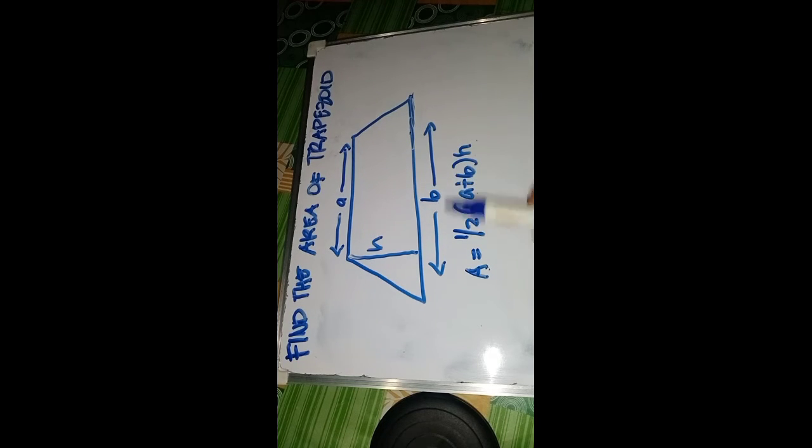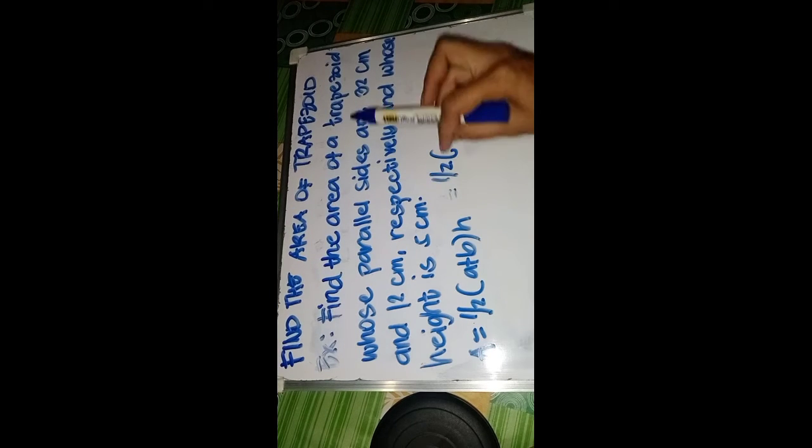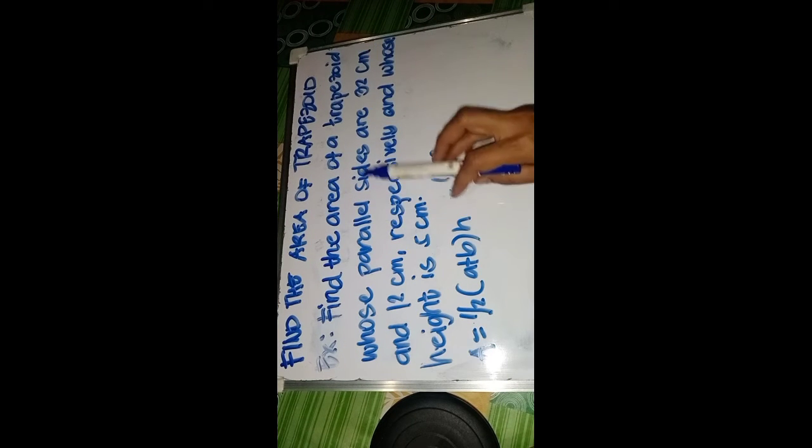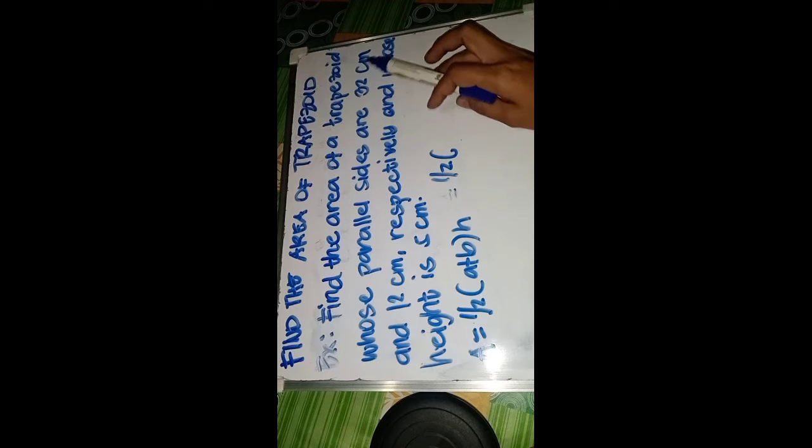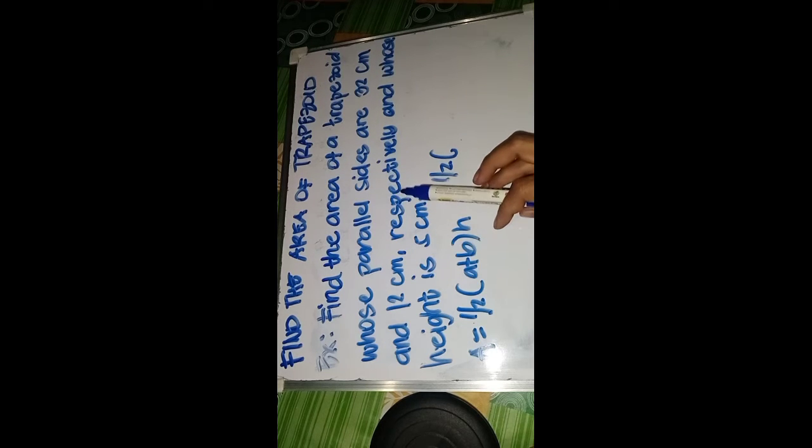So let's have here the examples of trapezoid. Find the area of a trapezoid whose parallel sides are 32 cm and 12 cm respectively, and whose height is 5 cm. The area of a trapezoid equals 1/2 times (A plus B) times height.